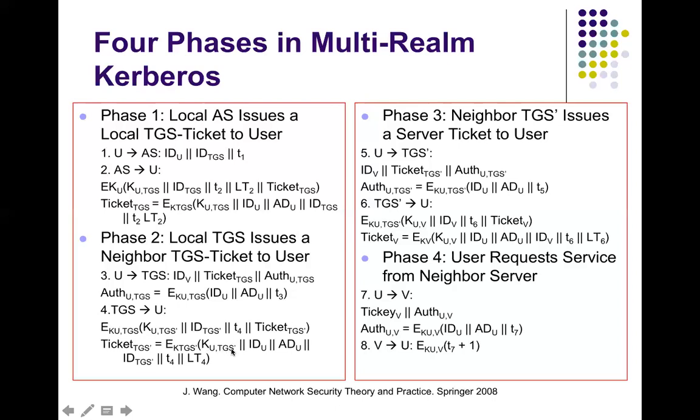That's also easy to understand. Then phase 4 is the same as phase 3 in single realm. The only difference is that now it uses a neighboring realm's V. That is the multi-realm Kerberos details.